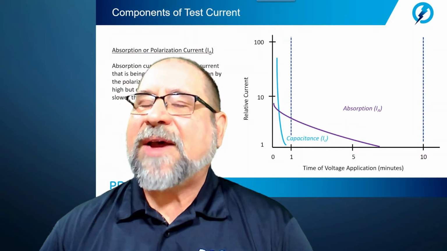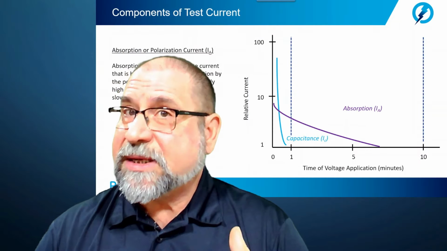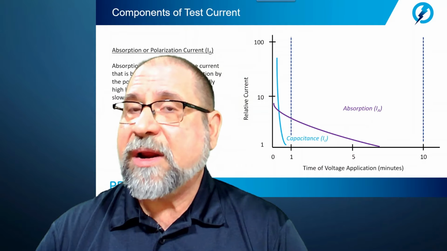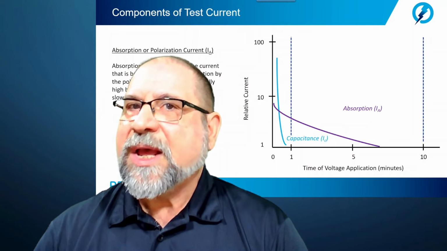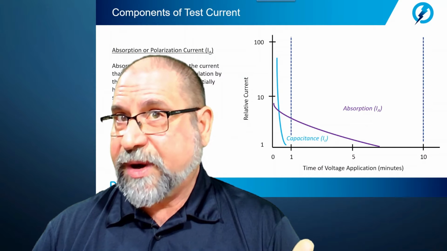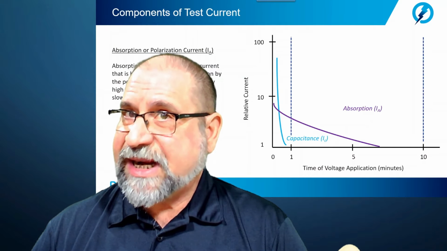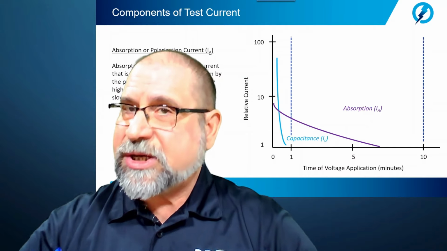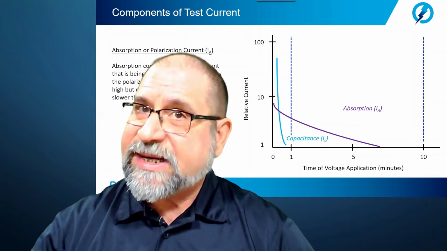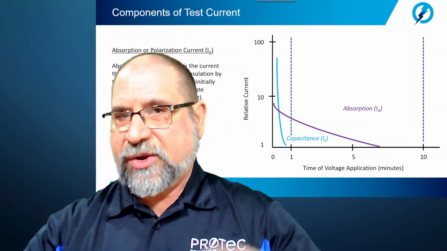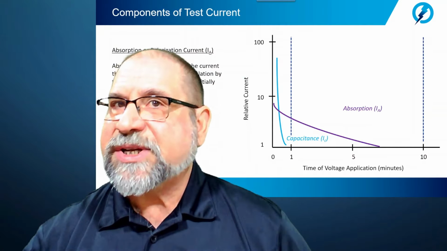Now, for those of you who have done insulation resistance testing on various specimens, you may have noticed a phenomenon with the insulation resistance test set that when you connect it to the device under test and you hit test, initially you'll get an insulation resistance reading.